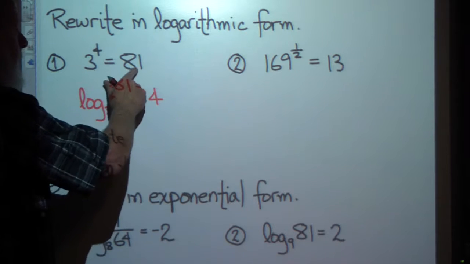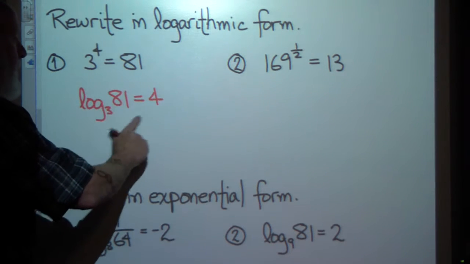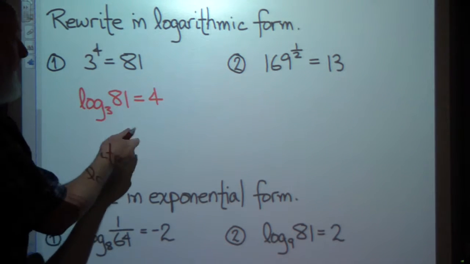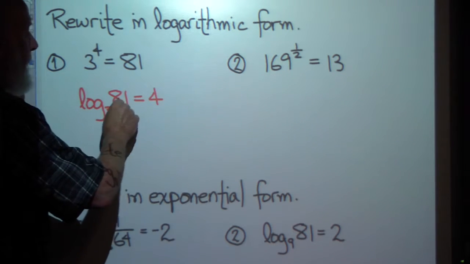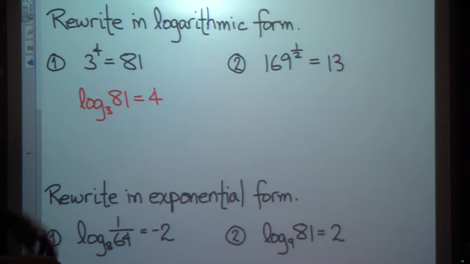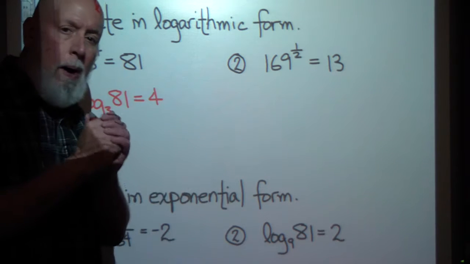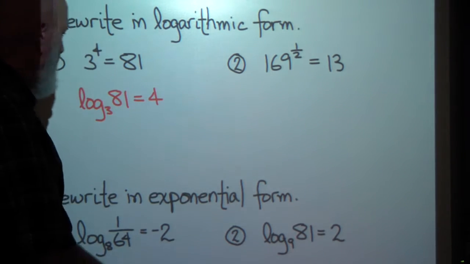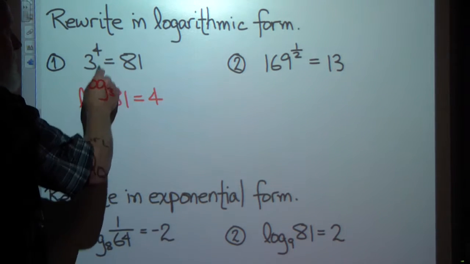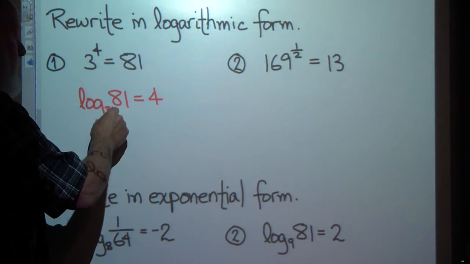Notice the 4 gets bigger. 81 stays about the same size. So this is another way of saying 3 to the 4th power is equal to 81. We've written it as a logarithm, and you'll see why we do that when we move further into logarithms. I just want you to see the relationship between these two equations.